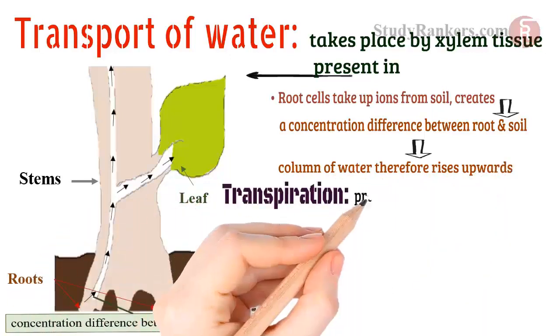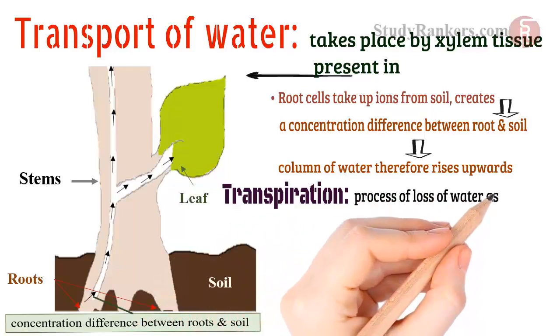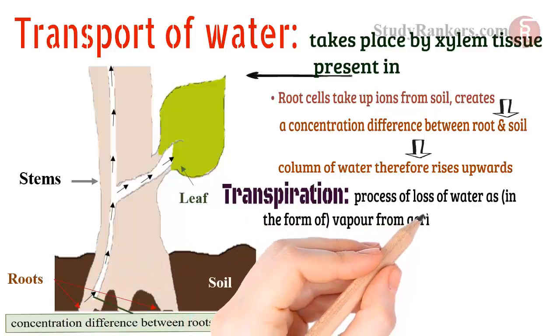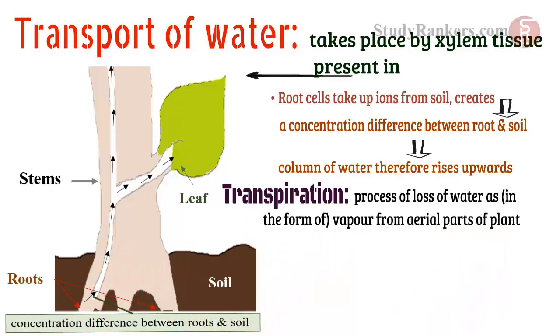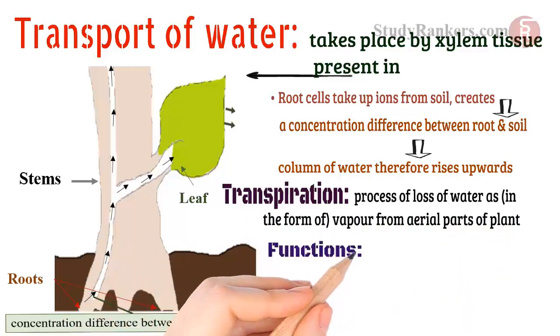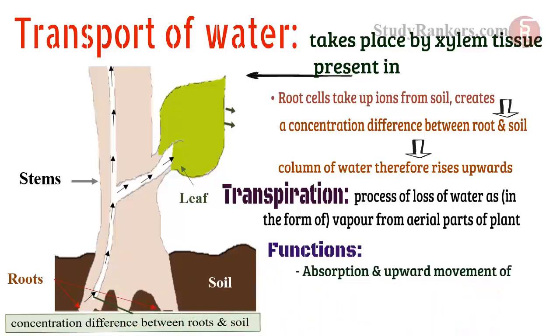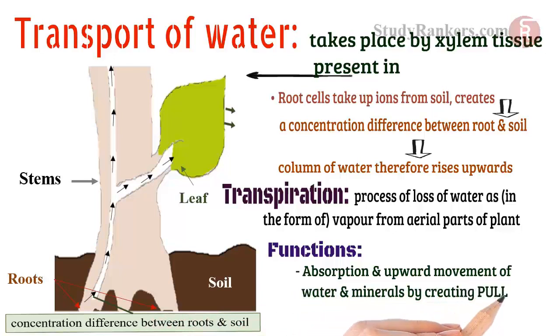Transpiration. Transpiration is the process of loss of water in the form of vapor from aerial parts of the plant. Its function involves absorption and upward movement of water and minerals by creating pull. It also helps in temperature regulation in plant.